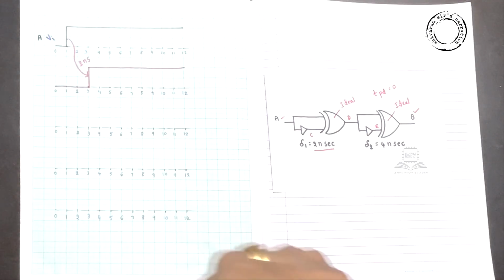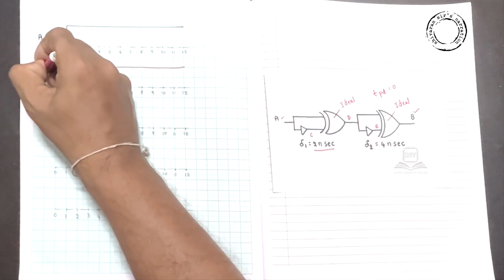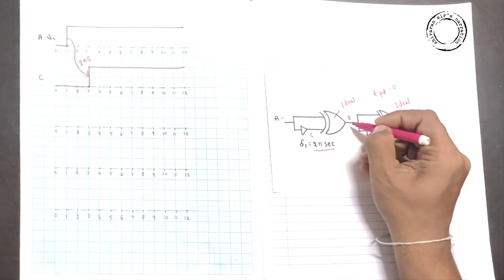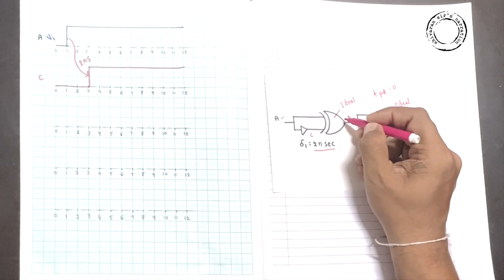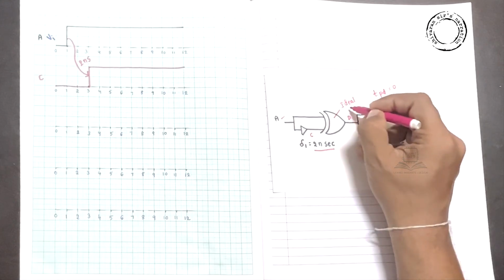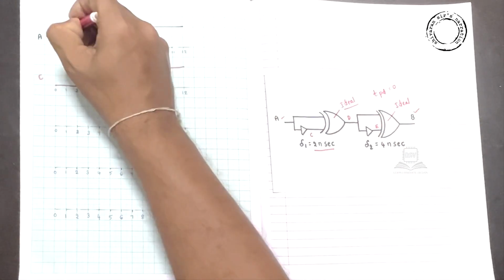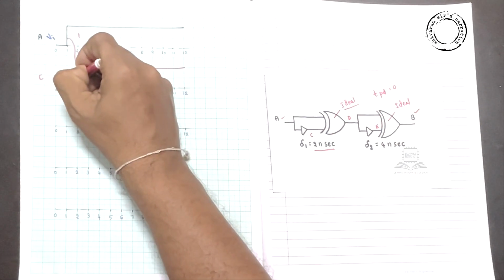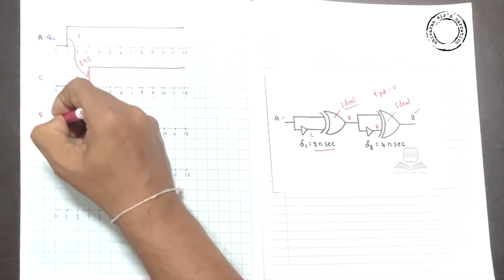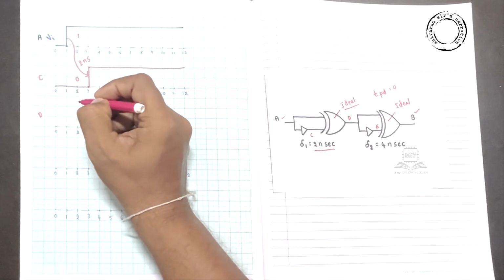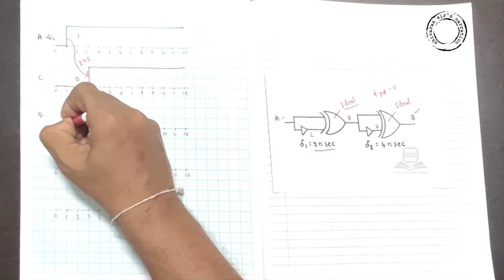Similarly, you can see the D output. Coming to the D output, it is an XOR gate. Simply you need to choose the inputs and then the output, no propagation delay at all. Therefore, it is 1, 0. Then guys, definitely you will get output as logic 1.